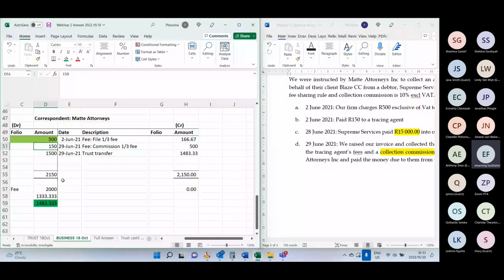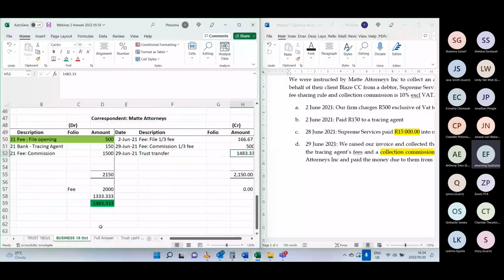Okay, so the 1483, if you can have a look at it, we just have recorded it in the trust account. You see, it's recorded in the trust account, but we haven't recorded the double entry. So we need to then record the double entry of it.